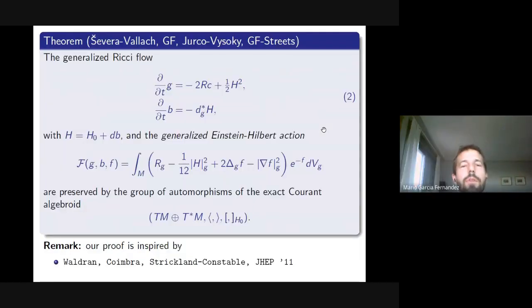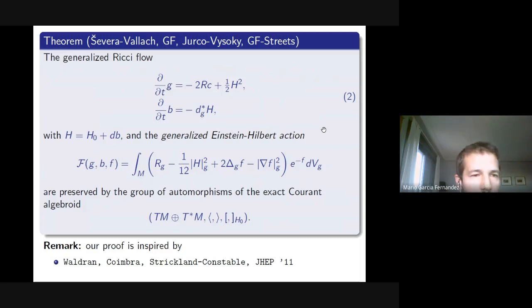Okay, so let me state this. I have said this in a very pedestrian way, but I didn't want to make things complicated. The nice things are in the proof. This is due to several people in several papers, I guess: Severa, Streets, Garcia-Fernandez, Jurko, Vysoky, and myself.